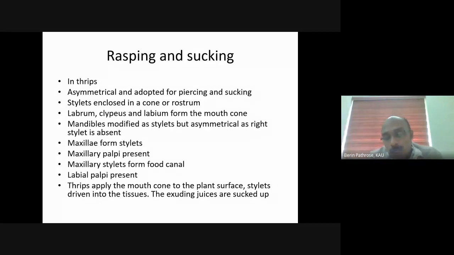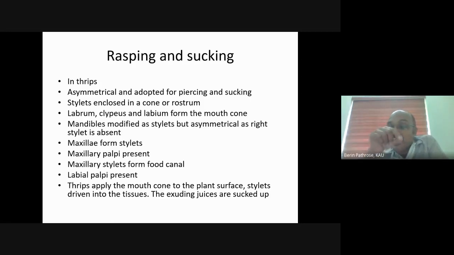The mandibles are modified into stylets. The maxillae are also modified into stylets, but the difference is that the right mandible is absent, and hence the mouthpart is called asymmetrical. Both maxillary palpi and labial palpi are present.